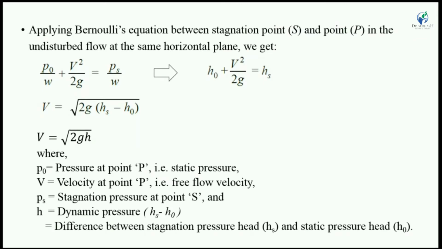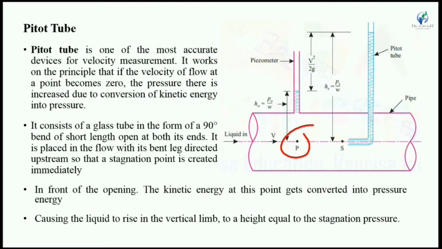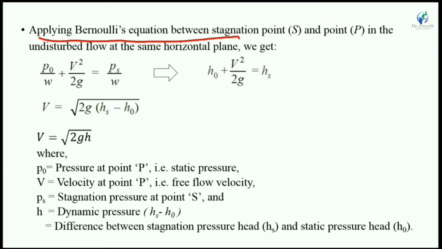Now we apply Bernoulli's equation between the stagnation point and the P point as shown in the figure. This is the P point and this is the stagnation point S. So here and here, we apply Bernoulli's equation at these two sections of the pipe.